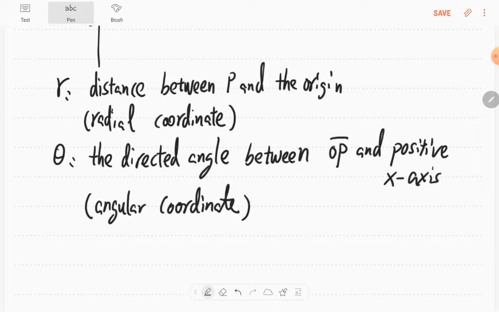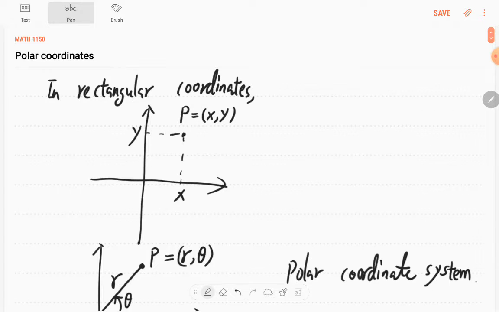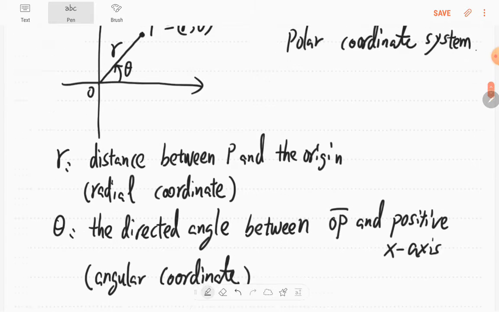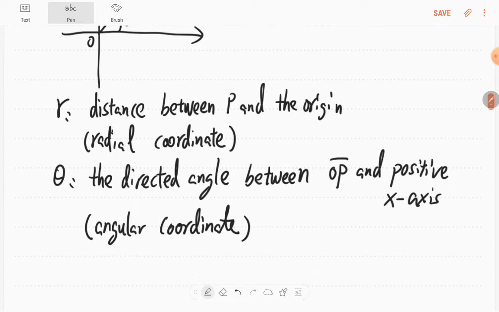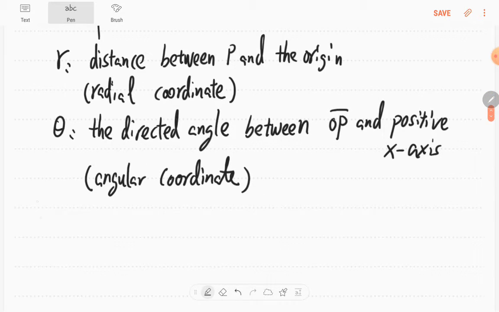Like the x-y coordinate, where we have the x-coordinate and y-coordinate, in the polar coordinate system we have the radial coordinate and angular coordinate. So here are some remarks about the polar coordinates. 1.